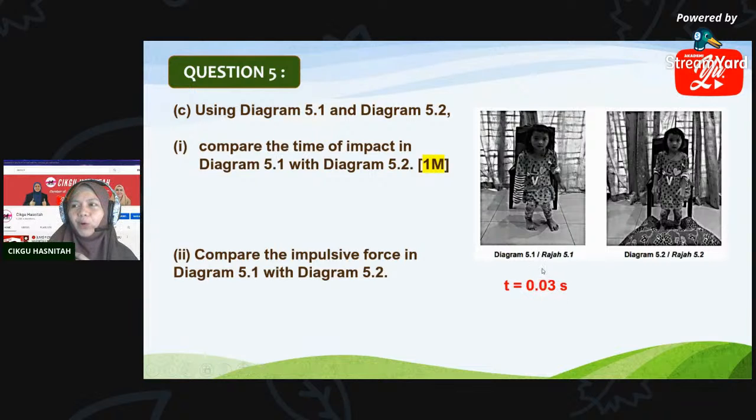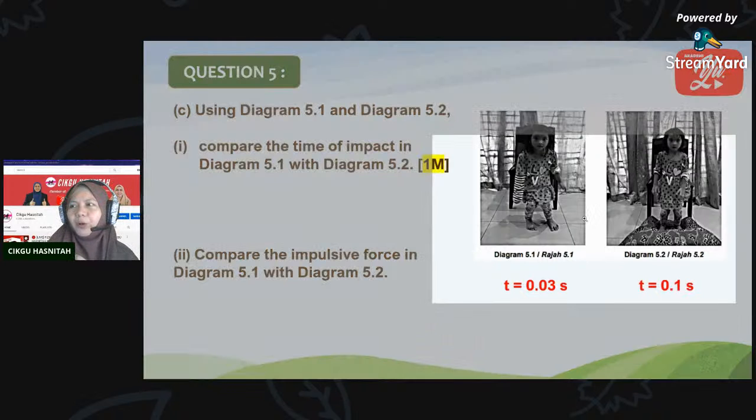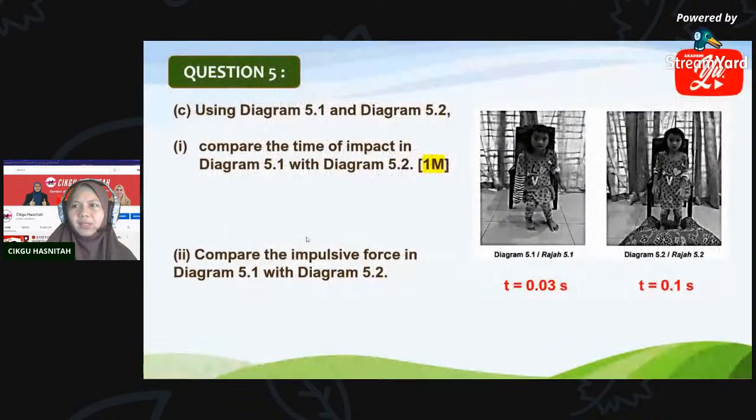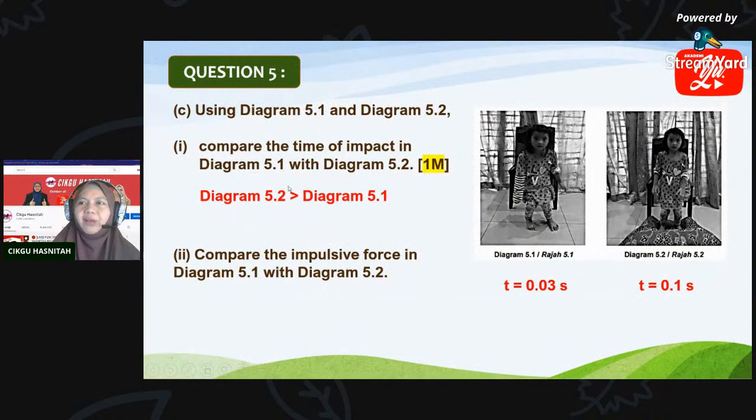For 5.1, the time of impact is 0.03 second. For 5.2, the time of impact is 0.1 second. So which one is longer? Which diagram is greater than which diagram? So we can say diagram 5.2 is greater than diagram 5.1. Or you can say the other way around: diagram 5.1 is less than diagram 5.2. Use the mathematical symbol.